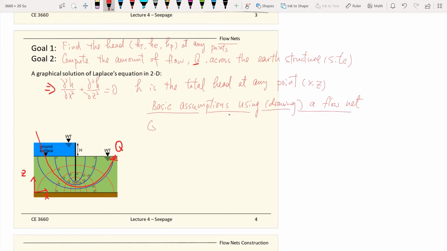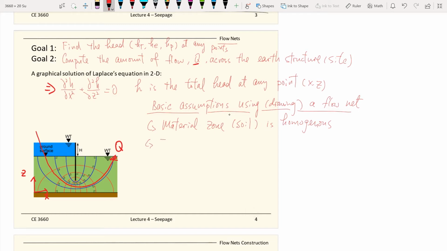First, we assume the material zone, which means the properties of the soil are homogeneous. If this is not the case, then you need to take the average of the whole site and treat it as if it were one material. There are a lot of simplifications or assumptions going on, but those are the requirements to use the flow net.